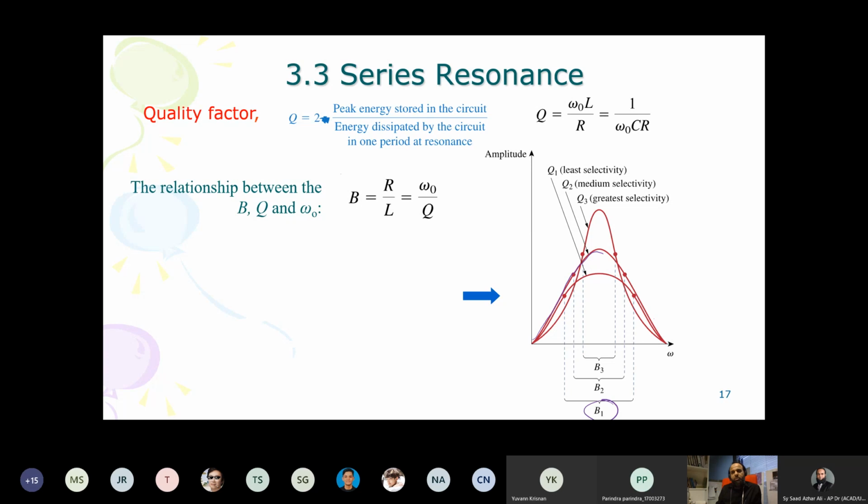So have you ever tuned the radio? Have you ever tuned the radio for FM? You do it manually, so you just go to the exact frequency, and when you set your tuner to that frequency, the voice is the best. But if you go a bit left or right, like if it's, suppose, 100 FM, 100 megahertz, if you go 99.9 or 100.1, there's noise, so the quality decreases.